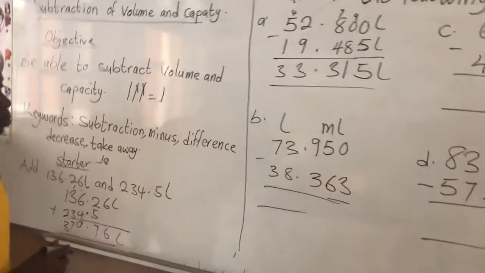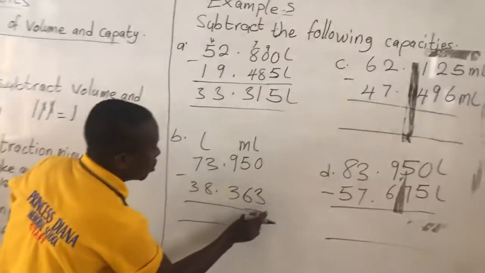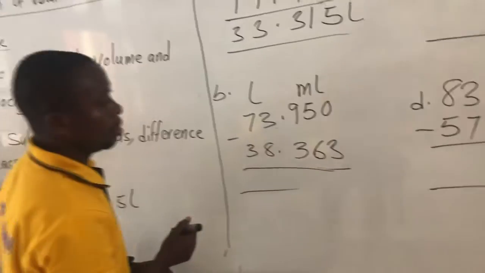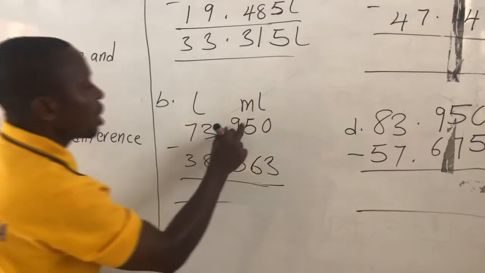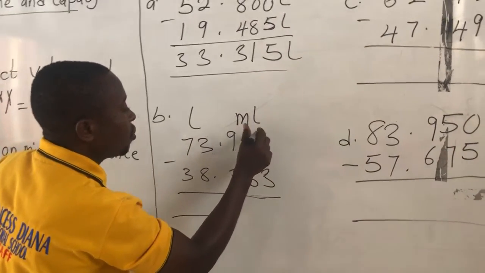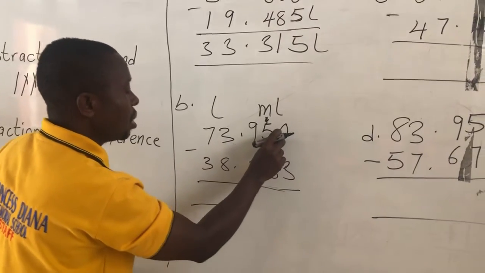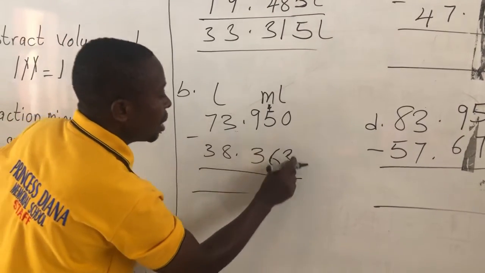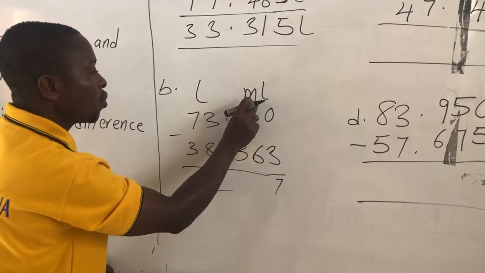Now let's continue. We have 0 minus 3. We cannot subtract 3 from 0, so we come to the 5. We borrow 1 from the 5 to this, making this one 10. So 10 minus 3 will give us 7. This place, since we borrowed 1 from here, is left with 4.